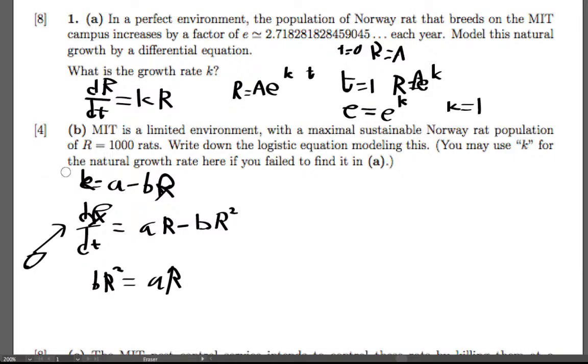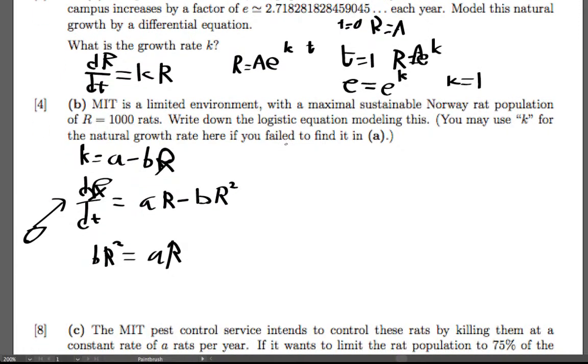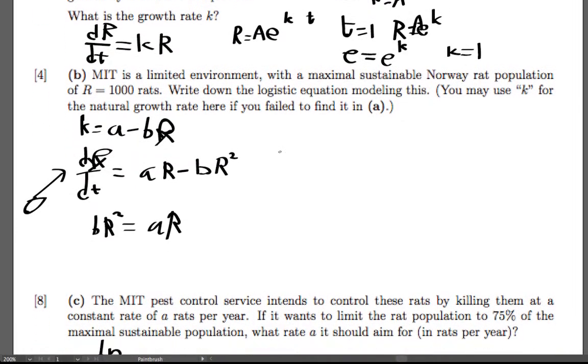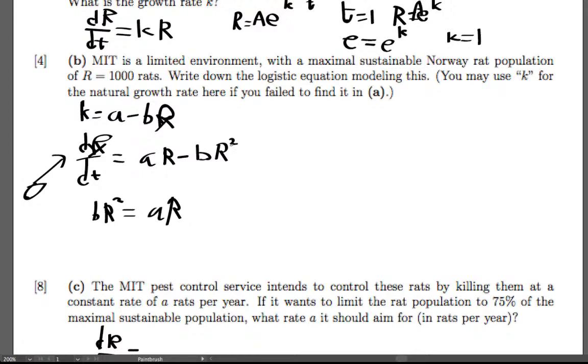So therefore this thing here must be k. But obviously the k here is actually different. Wait, no, actually not really. You may use k for the natural growth here. Okay, too bad. Wait, what?